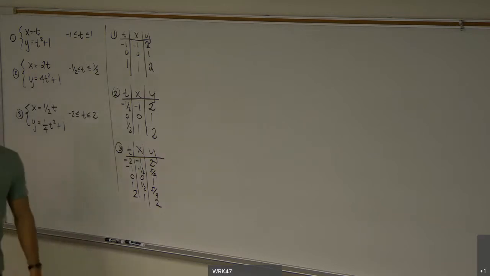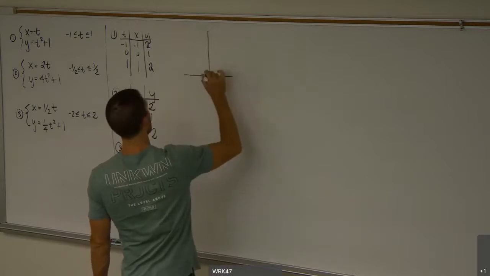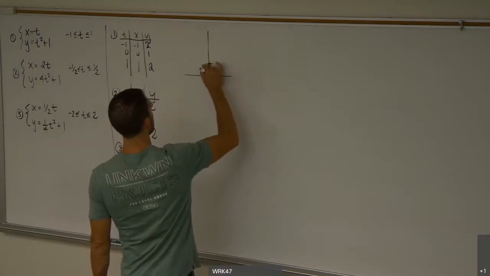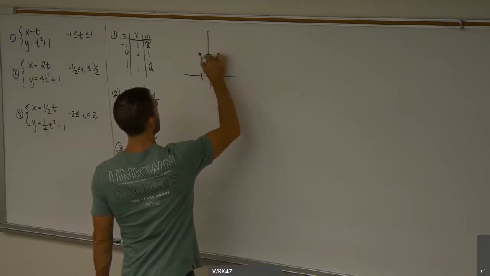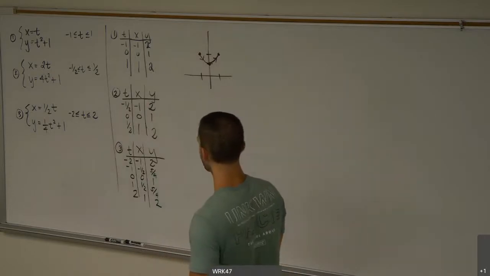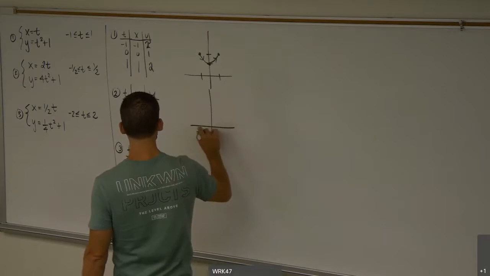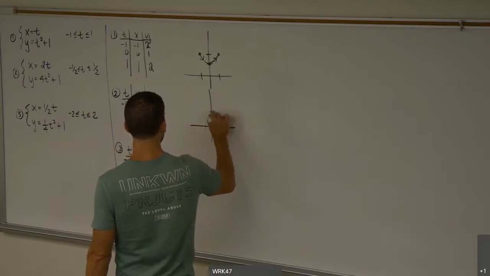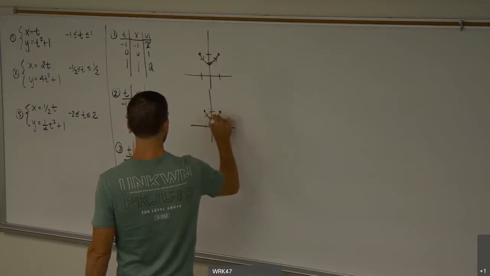And so now let's draw out what we get. Well, in the first case, we get that parabola that we started with. We're traveling this way along that parabola piece. In the second case, we also get the same parabola, -1, 2, 0, 1, 2. Traveling that way.